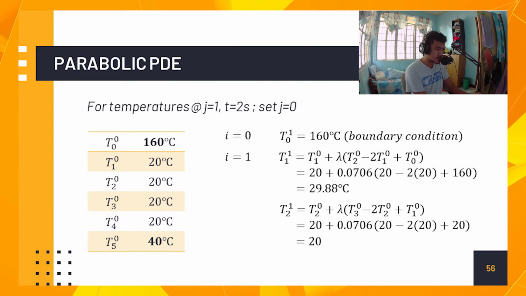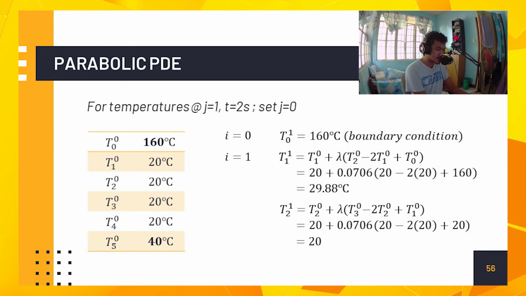For the temperatures, j is equal to 1, t is equal to 2 seconds, and we will set j equal to 0. So we have these initial values here from T sub 0 raised to 0 to T sub 5 raised to 0.